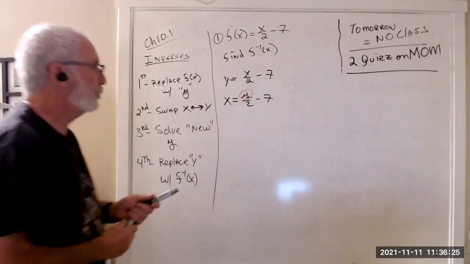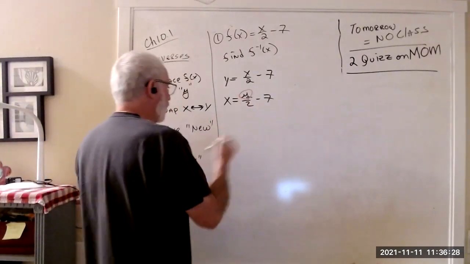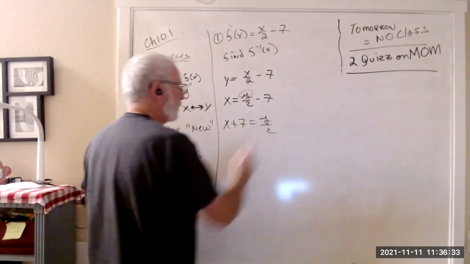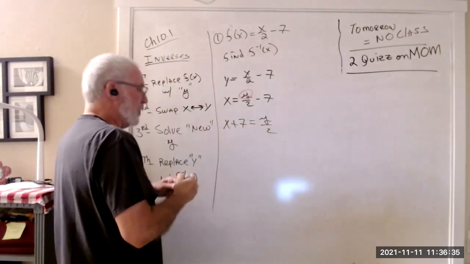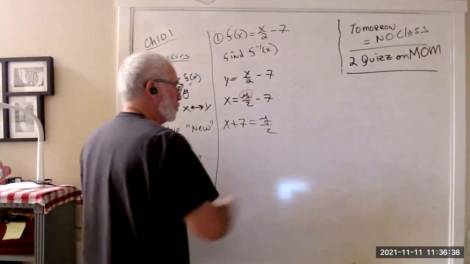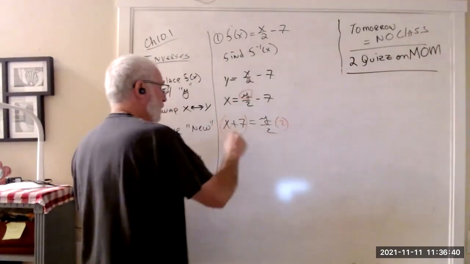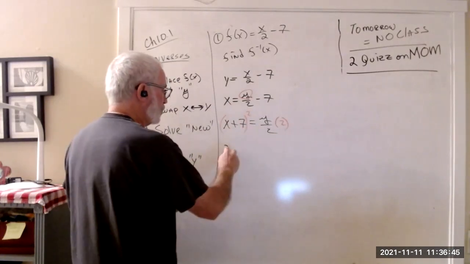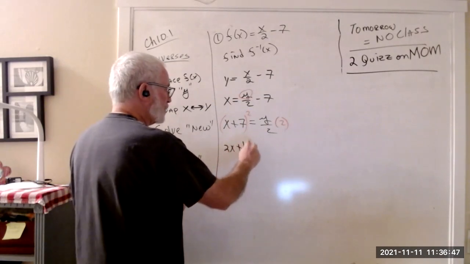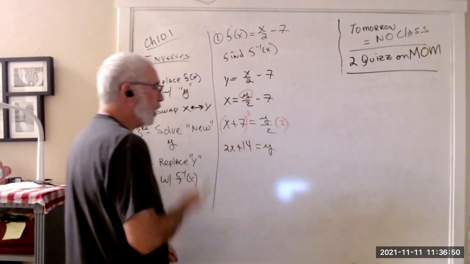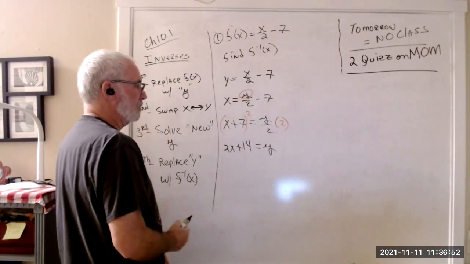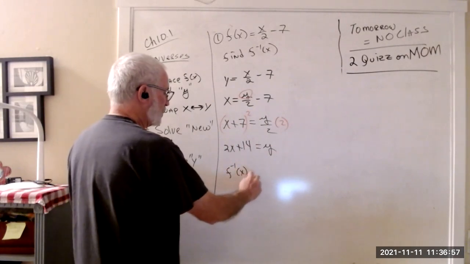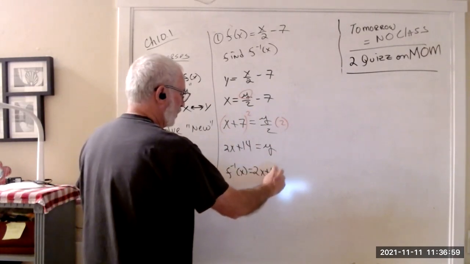Now on this one, it's pretty easy. If we add 7 to both sides, okay, and then if we multiply by 2, multiply this side by 2, this side by 2, we get 2x plus 14 equals y. So we write this as f inverse of x is 2x plus 14.